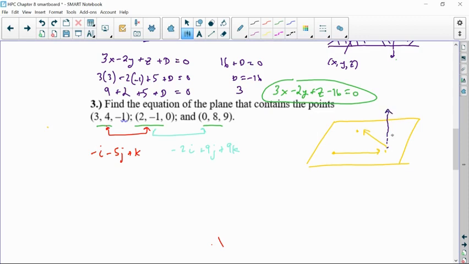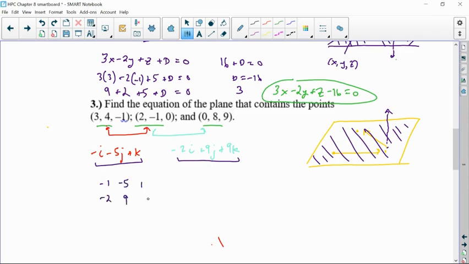Whatever coefficients I have for that normal vector are the same coefficients as this plane. That's the thought process. So I'm going to take these 2 vectors and look at their coefficients: -1, -5, 1, and -2, 9, 9. And I'm going to do the process of finding the cross product.